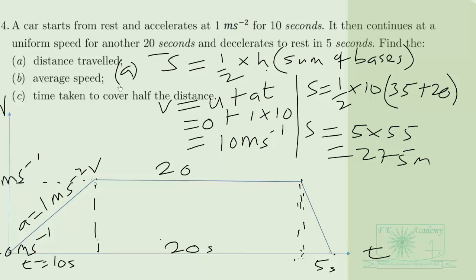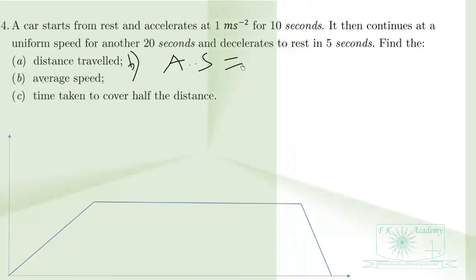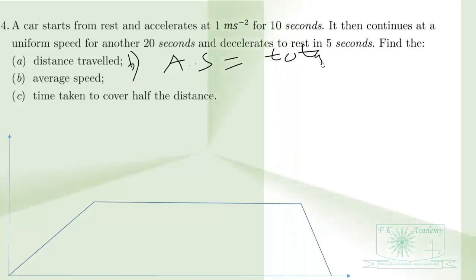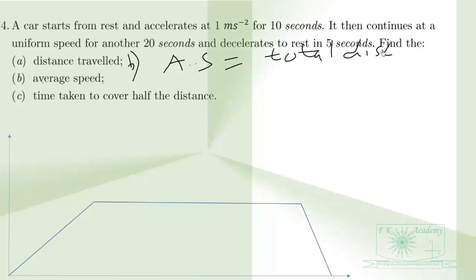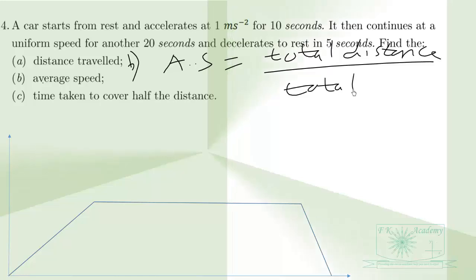The average speed is given by total distance traveled over total time taken. So for the B part, average speed is total distance over total time taken.